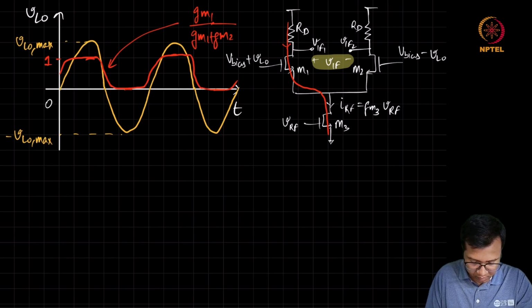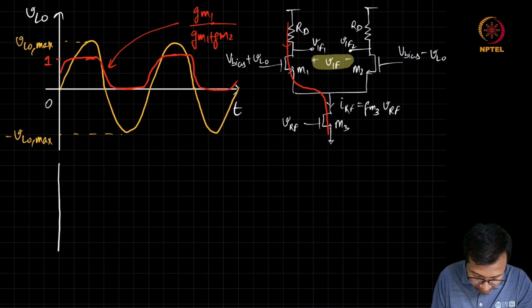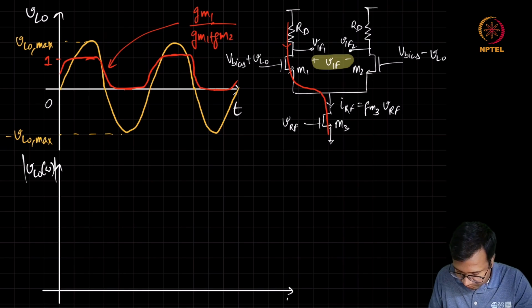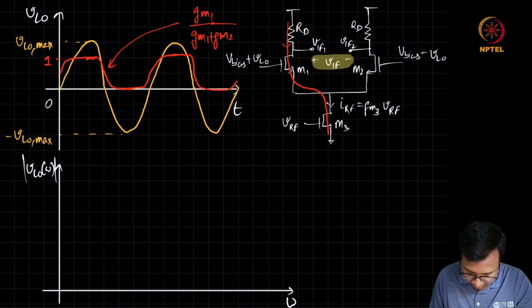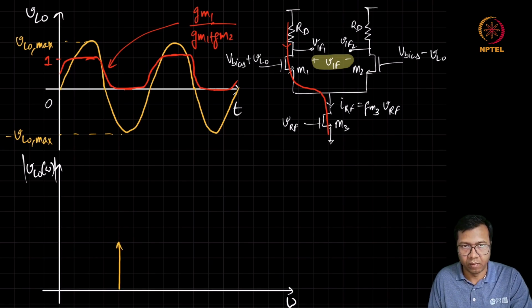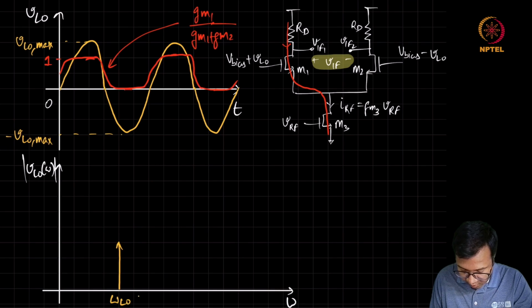So if we look at the frequency spectrum, VLO is having a single tone if it's a sinusoidal wave. Single tone, let's say omega LO.